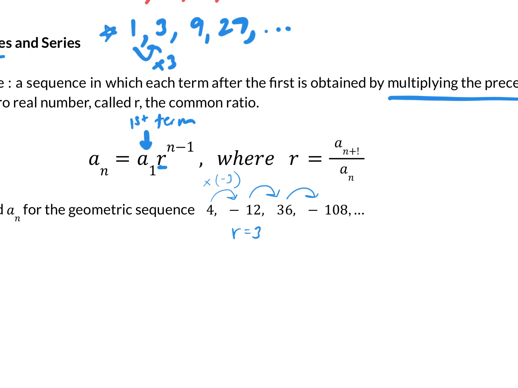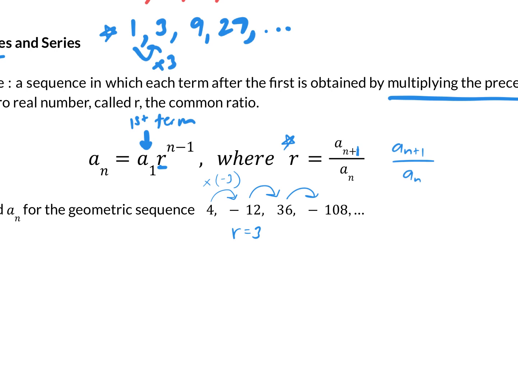And if you're not sure what your common ratio is, you can find it by following this formula up here. Except there is a typo. This little exclamation point should actually be a 1. So it is a sub n plus 1 over a sub n.